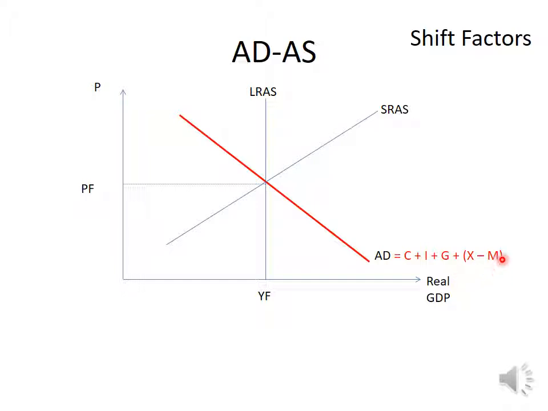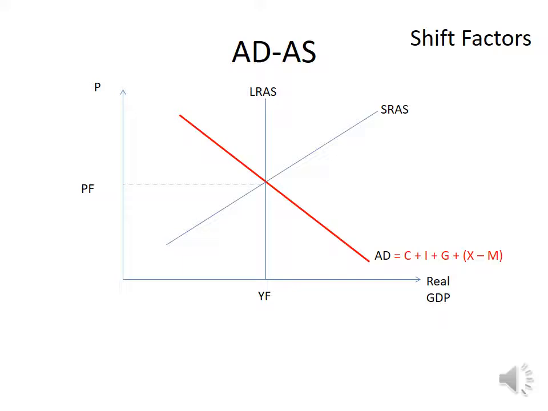Take note, imports is minus M. So if it rises, AD will fall. So just take note. Any of these components changing, it will change AD. So when you read a question and identify the event, you must see whether AD is shifting by looking at whether any of these components are affected.